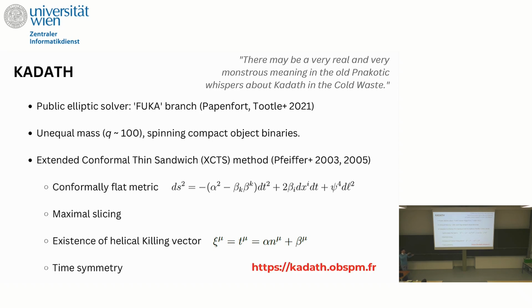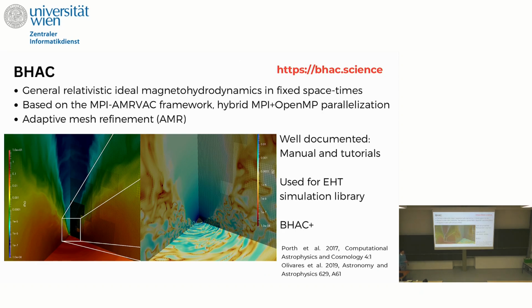There is symmetry in this helical direction, so the foliation always has the same induced metric. Finally, the last assumption is not necessary, but for simplicity it is assumed that there is time symmetry. This basically neglects gravitational radiation. Then we use the metric obtained from this as a background for the GRMHD simulations.